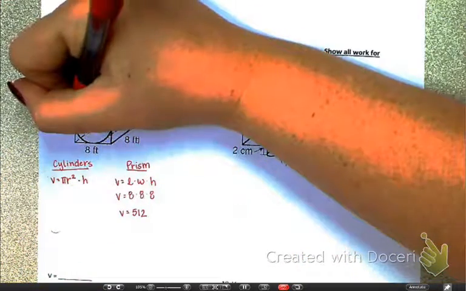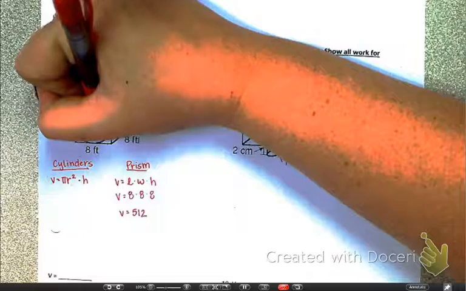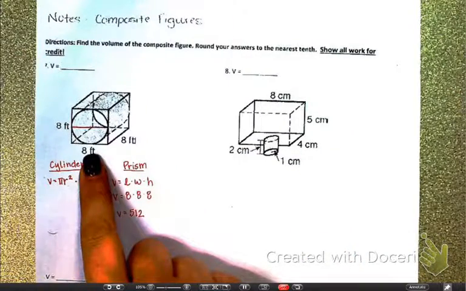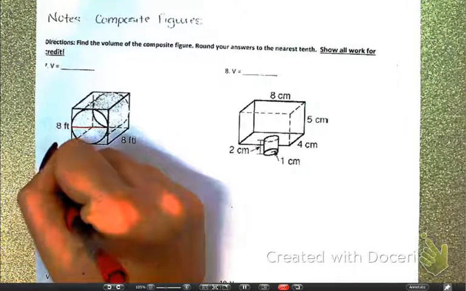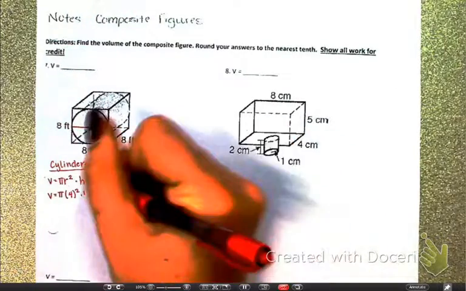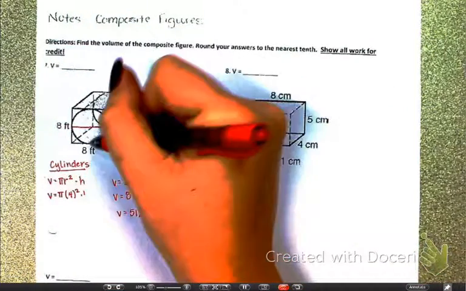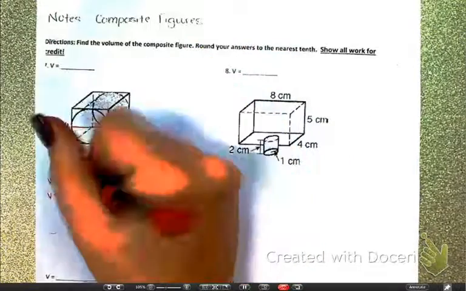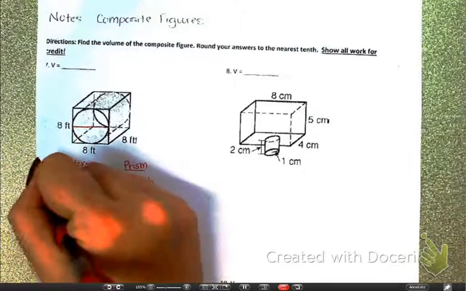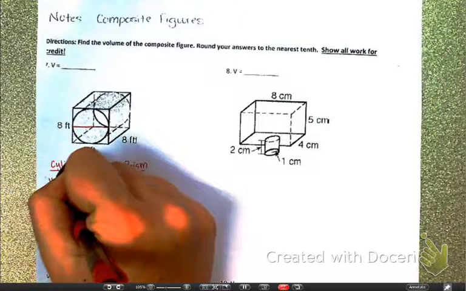Because this distance all the way across is the same as this distance, which means my radius is 4. So pi times 4 squared times my height, which is, how tall is the cylinder? 8. Okay, what's 4 squared times 8? 128. So I have 128 pi.